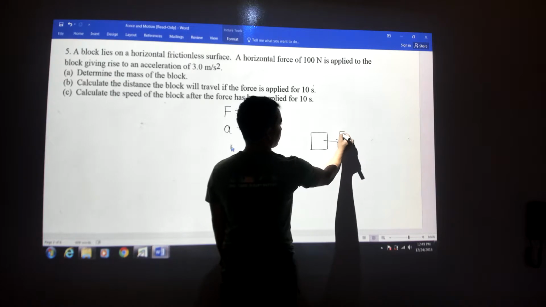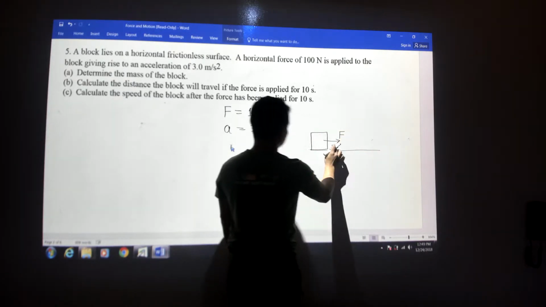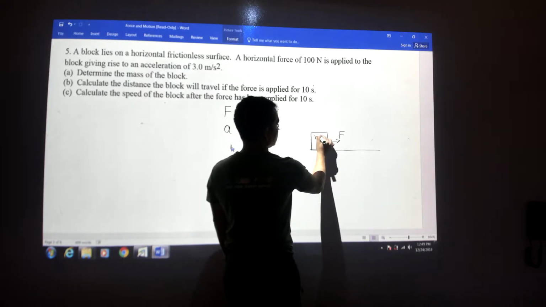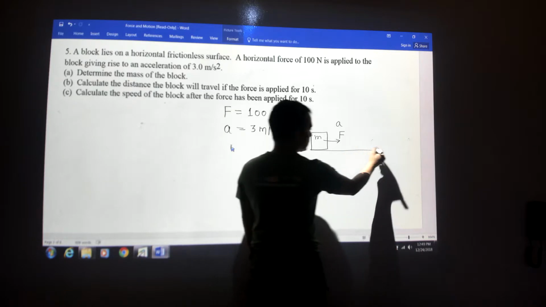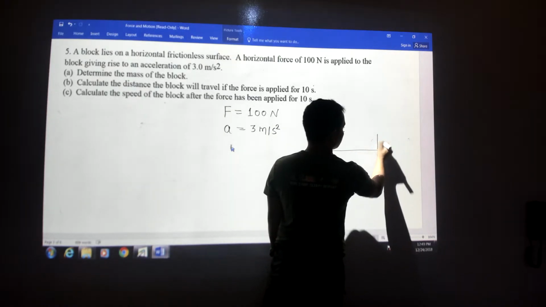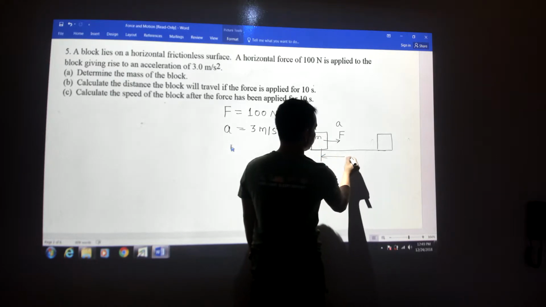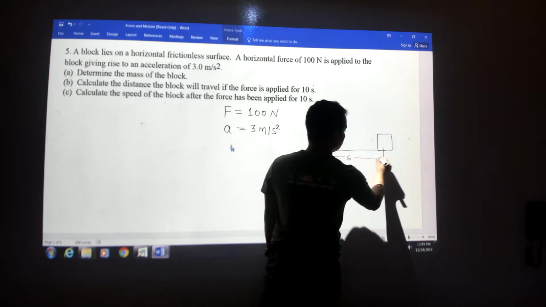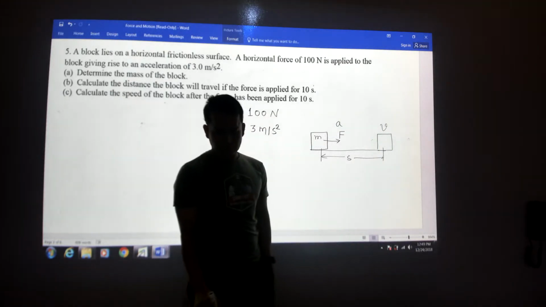This is the force. What is the mass of the block? You know the acceleration too. And if you apply this force for 10 seconds, what is the distance traveled? So you need to find out this distance. And you need to find out what is the velocity at this point. That's all it is asking for.